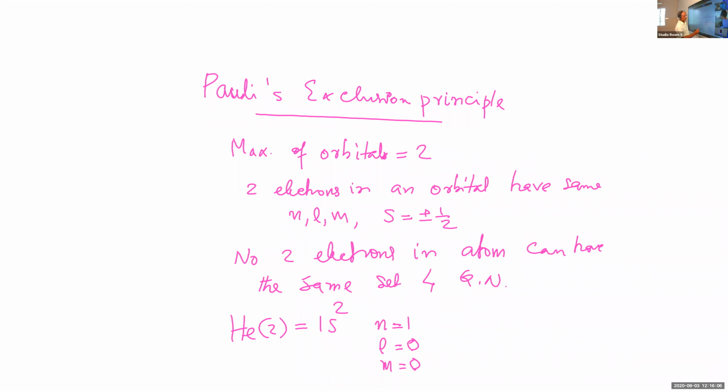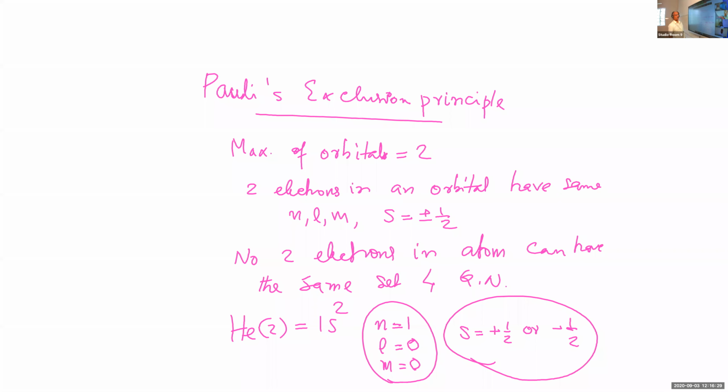Now you go to the spin quantum number s. The spin quantum number will be either plus half or minus half, so it will be different. Here the three quantum numbers are the same, but the fourth, the spin quantum number, will be different. One electron: n is 1, l is 0, m is 0, s is plus half.